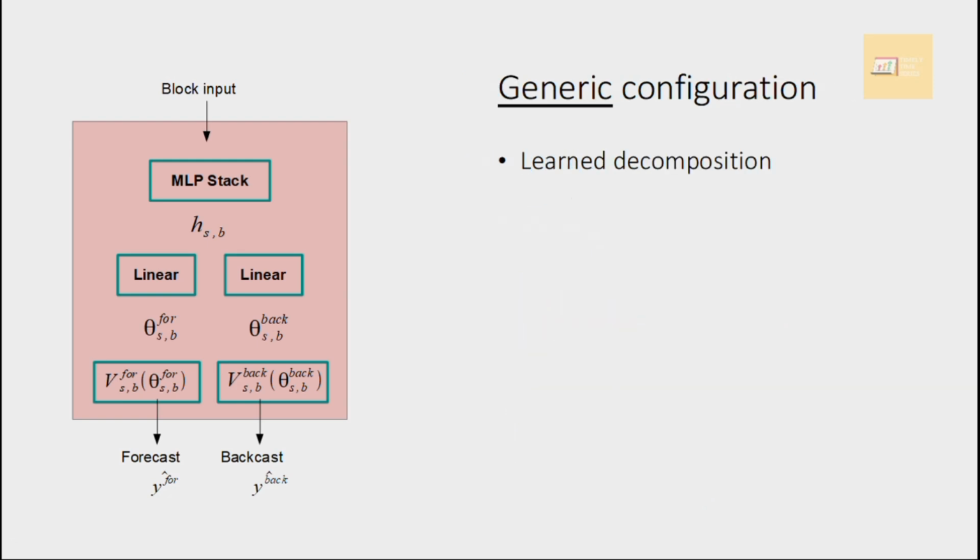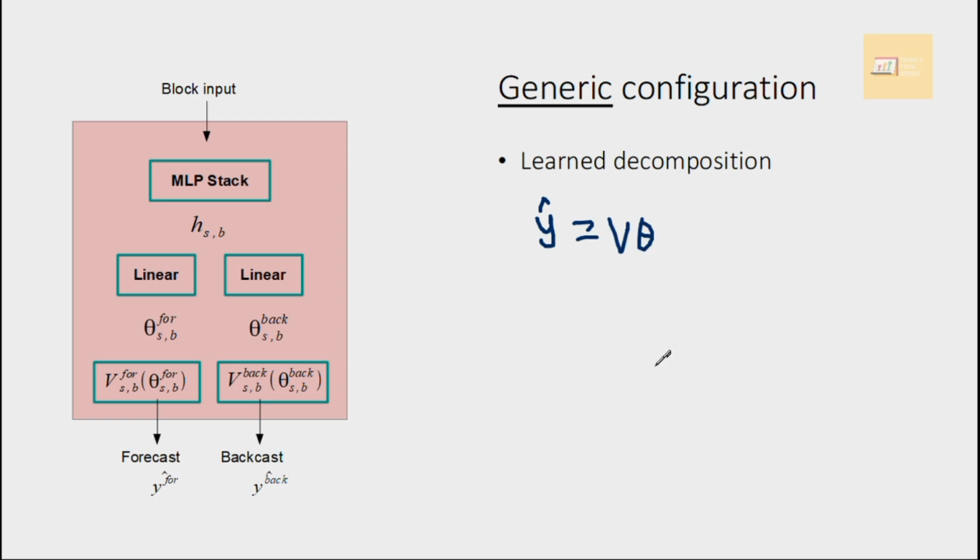So with the generic configuration, it's actually a learned decomposition. So we don't decompose it in the traditional way, like trend and then seasonality, but this model can choose its own sampling rate, if you will. And so let's look at this. Y hat equals V times theta.